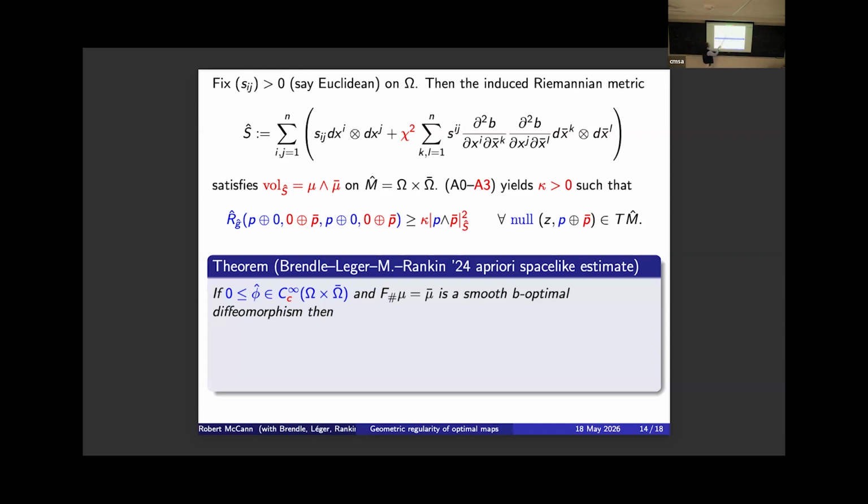And then I lift from the domain to the range using the mixed partials of B. And again, let me put a conformal factor in front of the range portion of this metric so that the volume of S hat is again, up to a sign plus or minus, the wedge of mu and mu bar. And so once I fix these, a metric here and the corresponding metric on the ambient space, condition A3 is telling me that these Riemann expressions are positive for null P plus P bar.